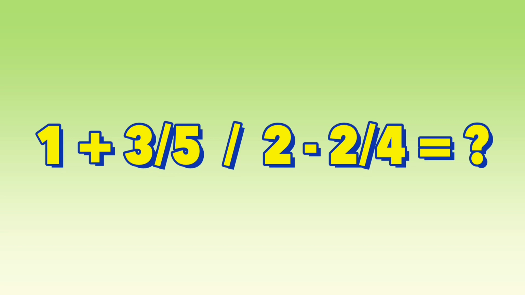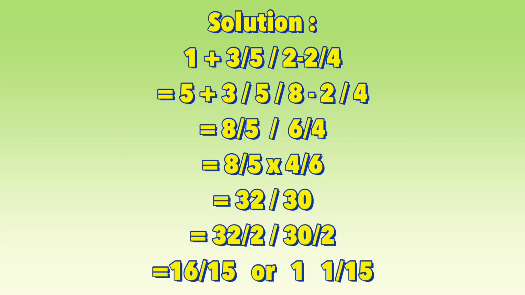Okay, next, number 3. The given complex fraction is 1 plus 3 over 5, divided by 2 minus 2 over 4. Our solution: we have to copy again, 1 plus 3 over 5, over 2 minus 2 over 4, equals.